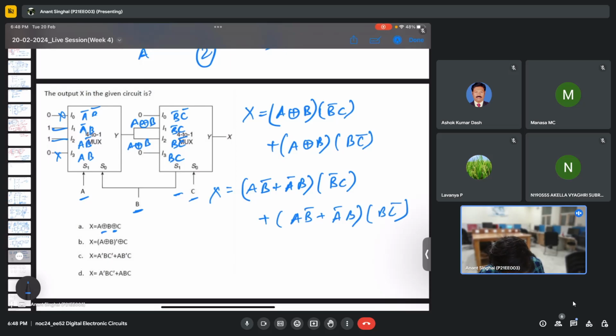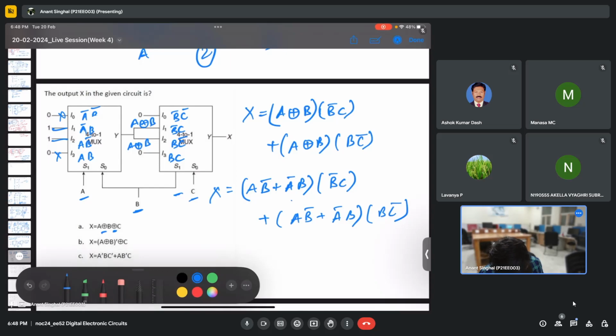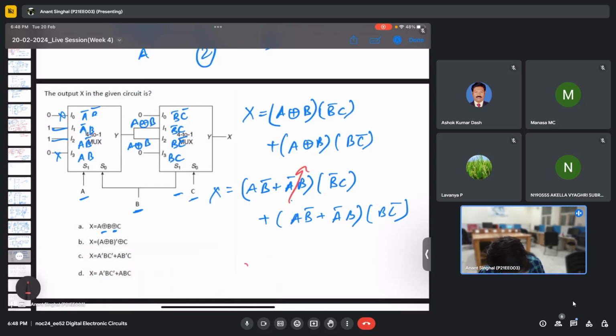So this term will go away since we have a B and a B complement multiplication, and here we have a B, so this term will go away. If I simplify, this will be A B complement C plus A complement B C complement. Is there any option? A B complement C?